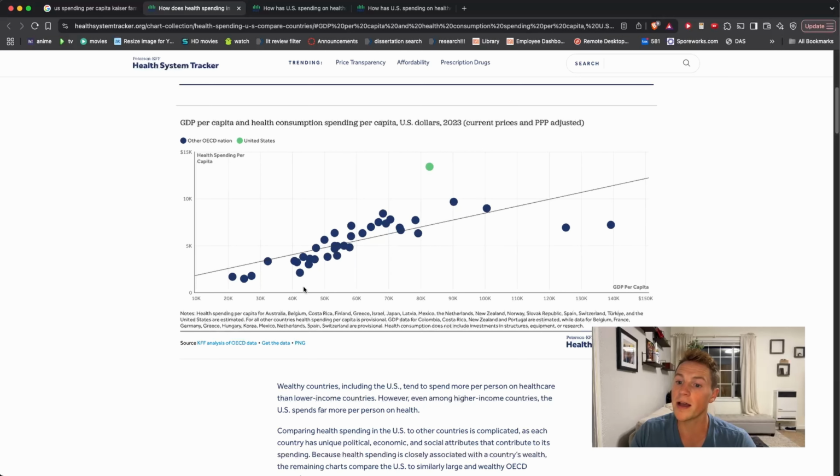Being below the line is a good thing. So yeah, a country like this, Luxembourg, is, wow. So they're generating $140,000 per person in GDP per year, and they're only spending $7,234 per year on health care per person.